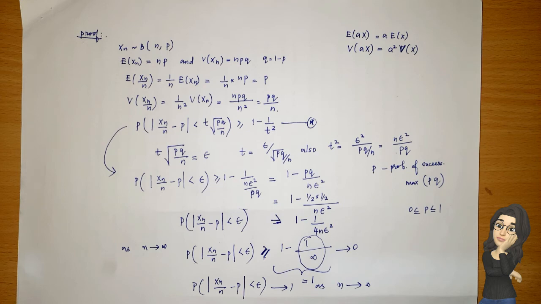From Chebyshev's inequality, we find what t is by equating it with the Bernoulli's law of large numbers, and we get t in terms of epsilon, and from there we substitute the value of t in terms of epsilon into that Chebyshev's inequality, from where as n tends to infinity, we get probability of mod xn by n minus p less than epsilon tends to 1. So this is the proof for the Bernoulli's law of large numbers.